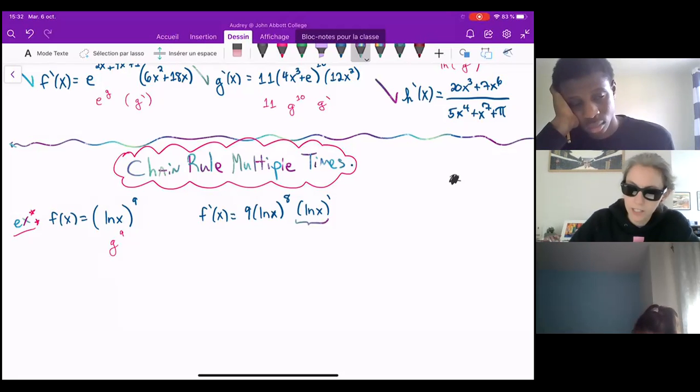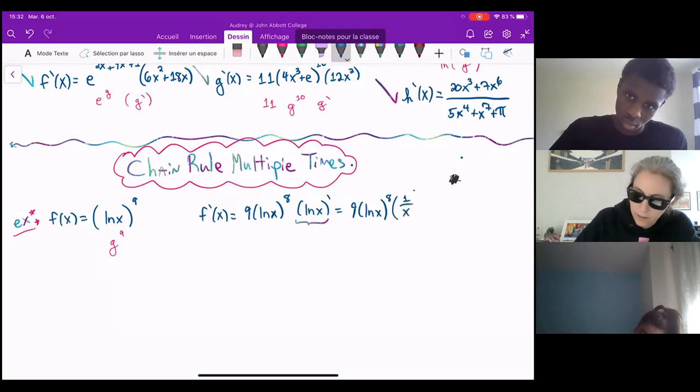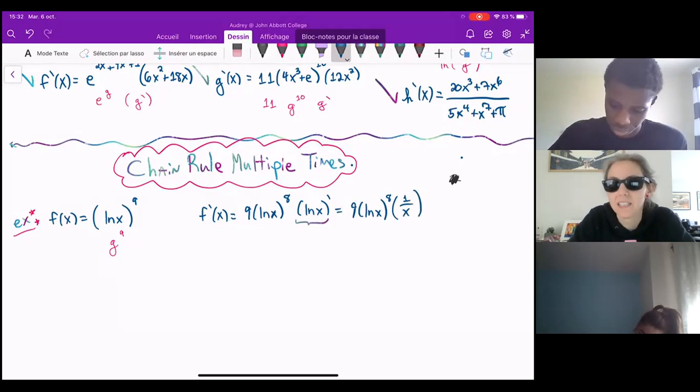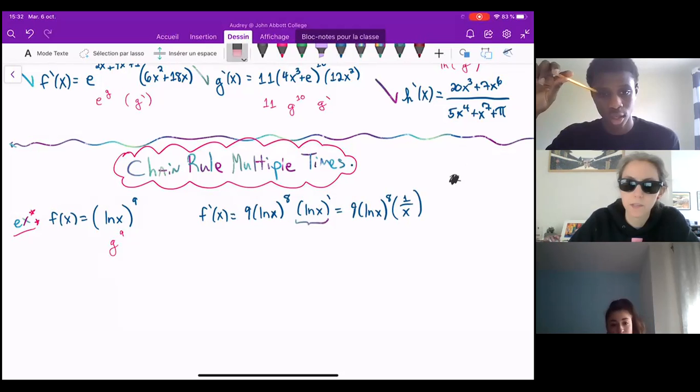None. This is just a simple rule. The derivative of ln is just 1 over x. So this will be 9 ln x to the 8 times 1 over x. How many times did I use the chain rule? Did I use the chain rule 1 time, 2 times, 8 times? I used it 1 time.